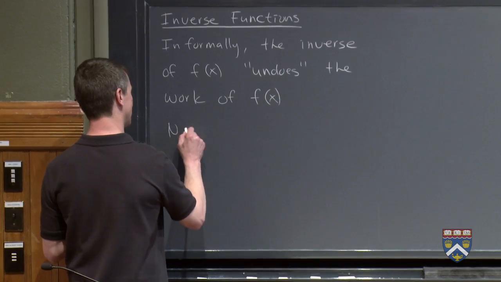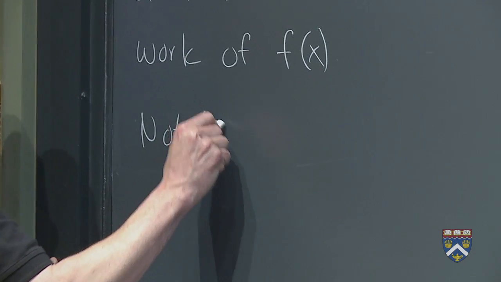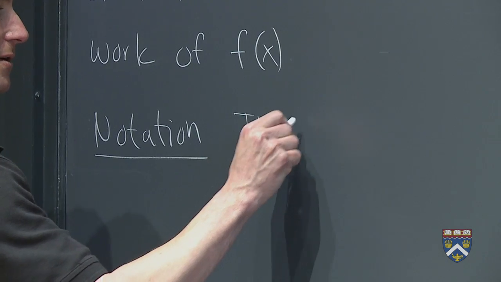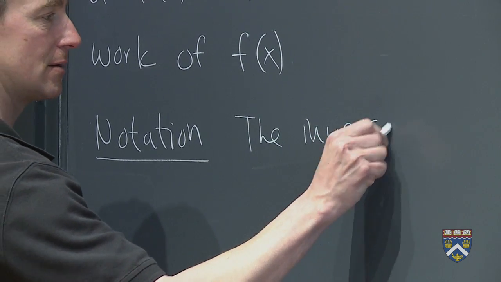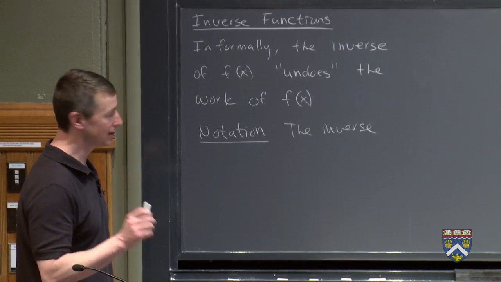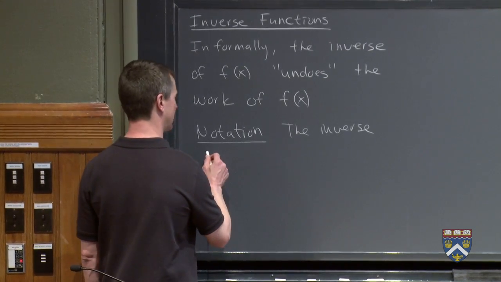So we have some notation for inverse functions. We denote the inverse, and this is if f has an inverse function. We'll talk later about whether f does or does not have an inverse function.